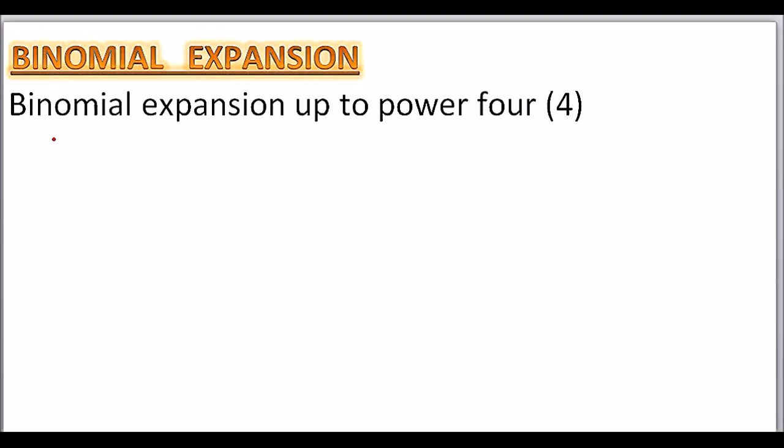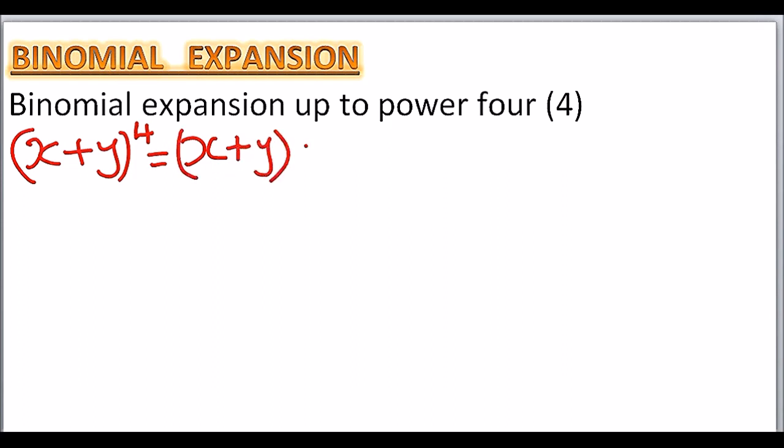In our last expansion, we expanded a binomial whereby the index was 3. Now we will go ahead and expand the binomial (x plus y) in brackets to power 4. So this can be written as (x plus y) times (x plus y) in brackets cubed.